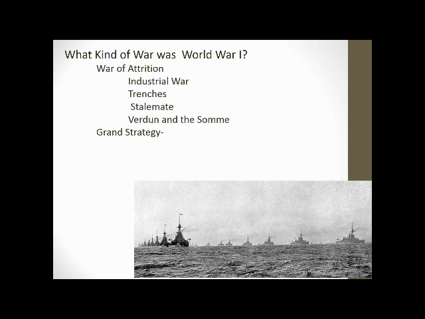Because of that, troops suffered horrible losses. At the Battle of the Somme in 1916, the British suffered something like 60,000 casualties in one day. That remains the most deadly single day in the history of the British military.